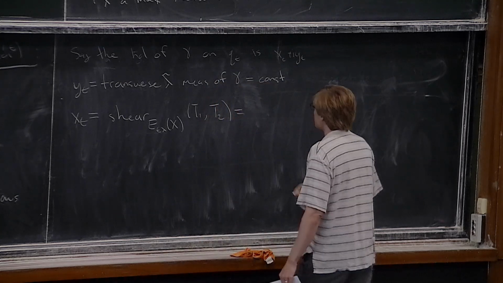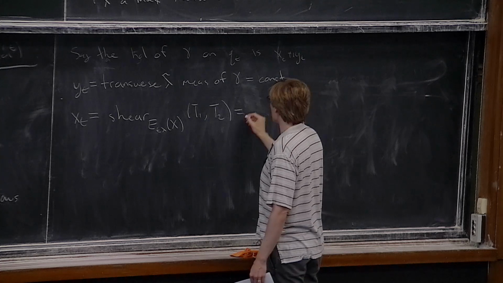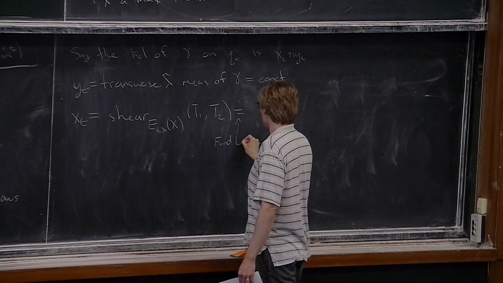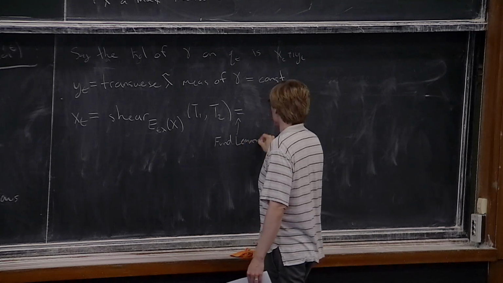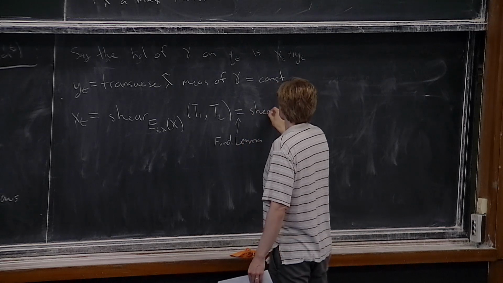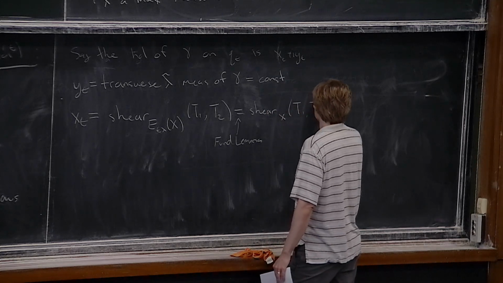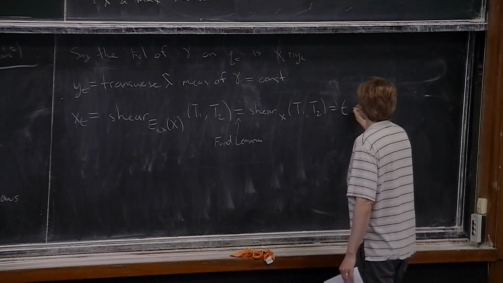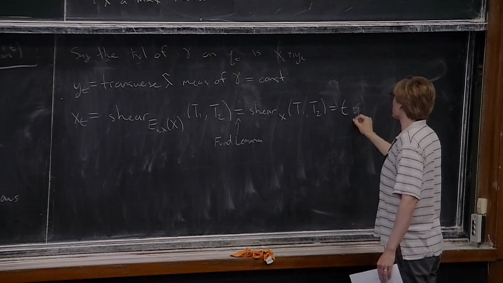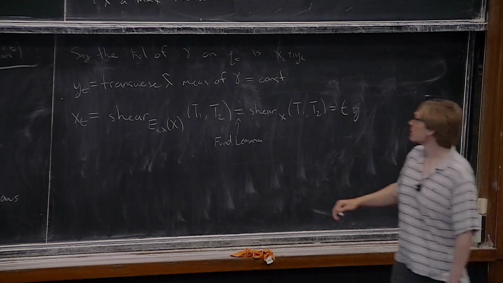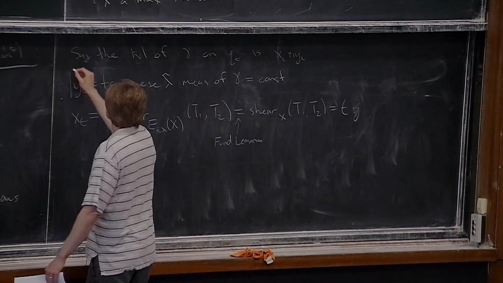And by the fundamental lemma, this is the shear on x from t1 to t2, plus t times y, because y is the transverse measure. Right? y is the transverse measure.